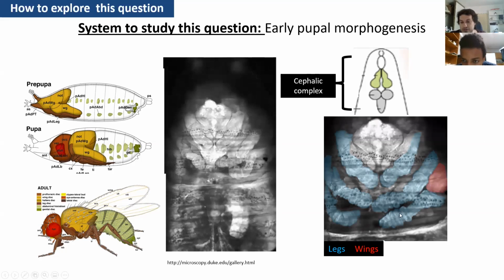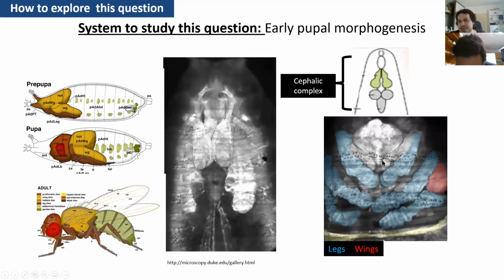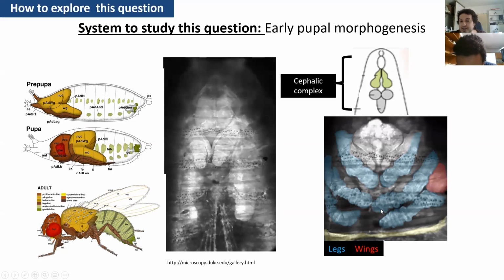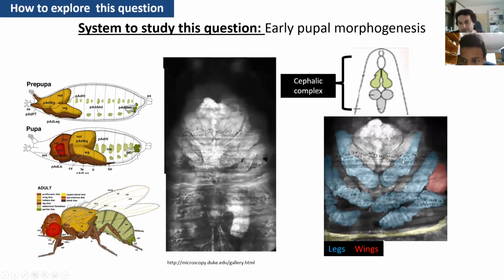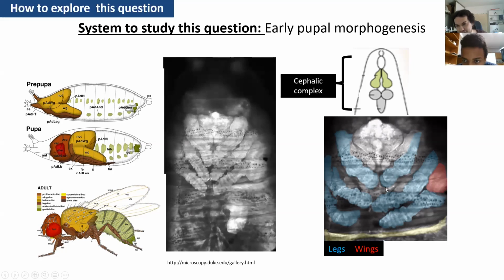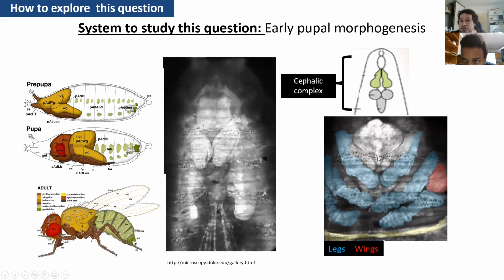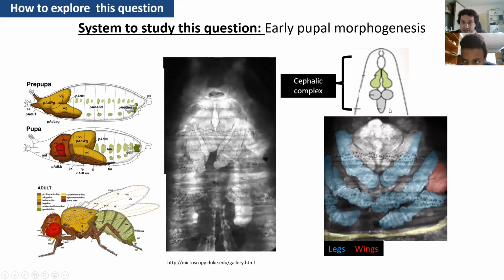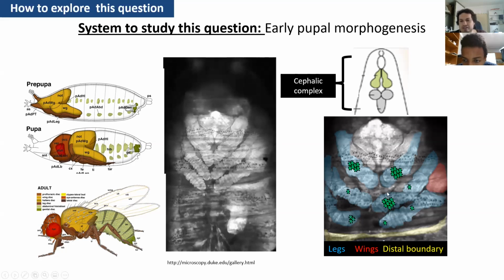We can only see this. Here there is a structure that seems to be separating the imaginal discs of the legs, of the wing, of the mouth part, of the cephalic complex. So I call it the distal boundary.